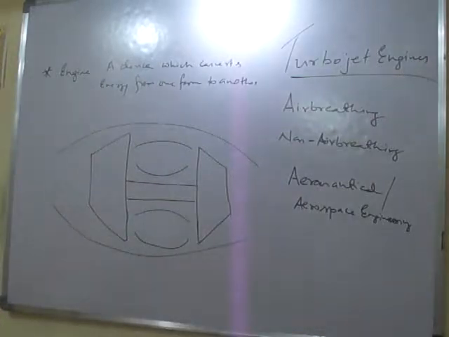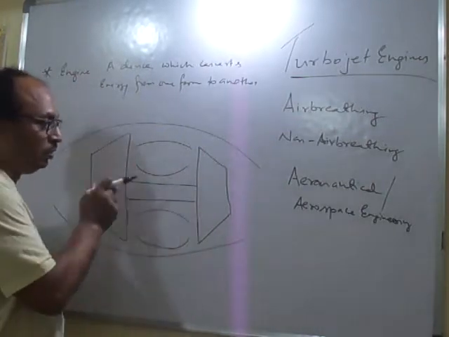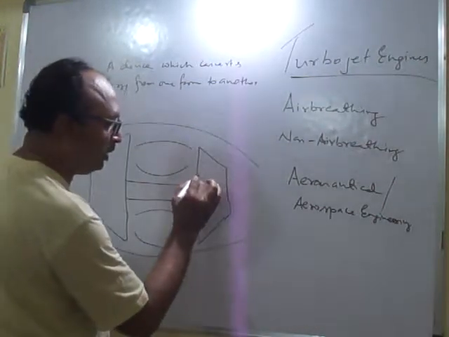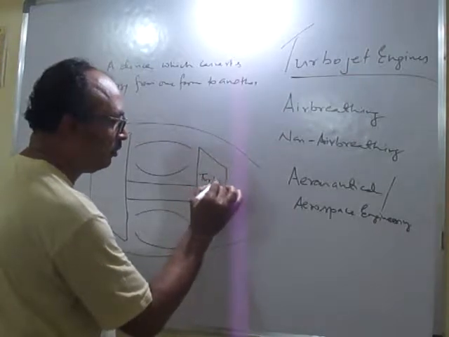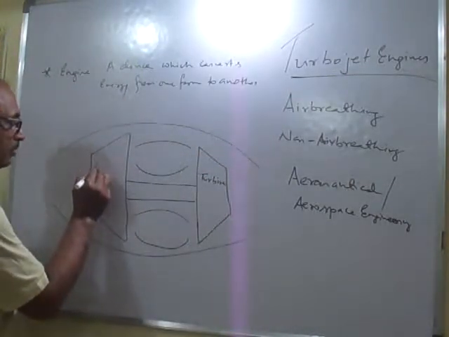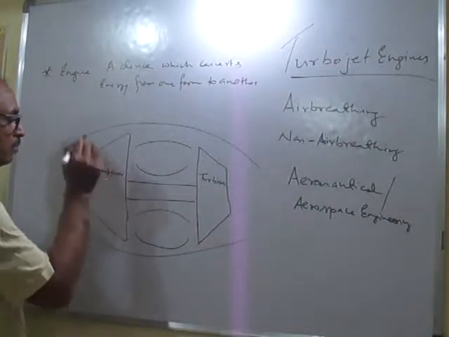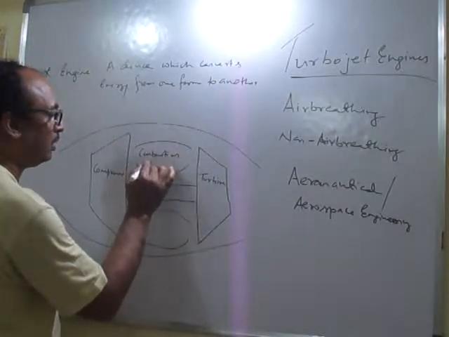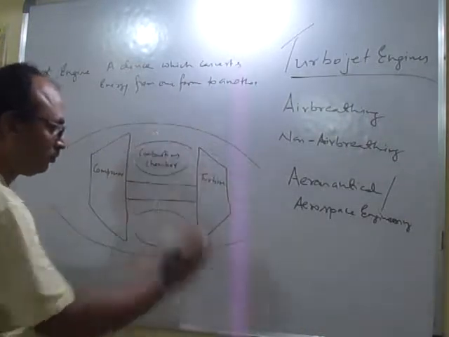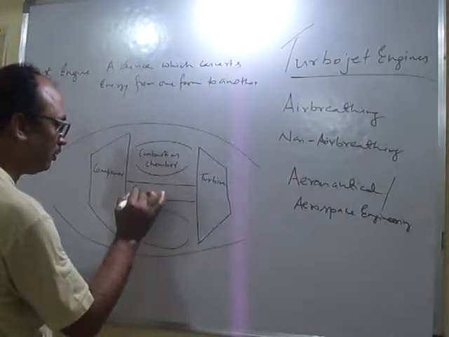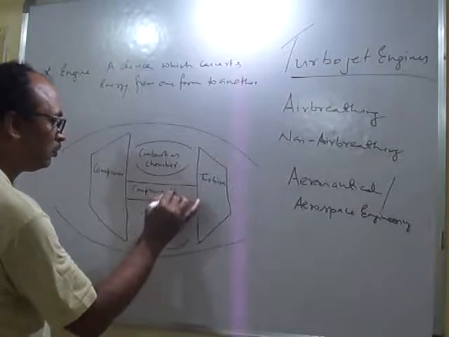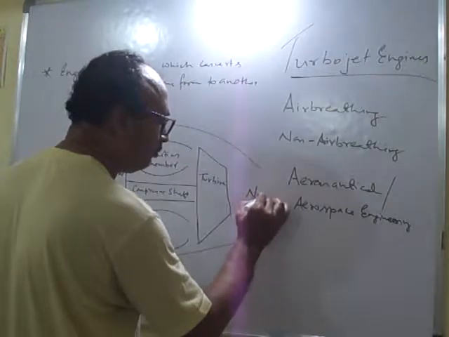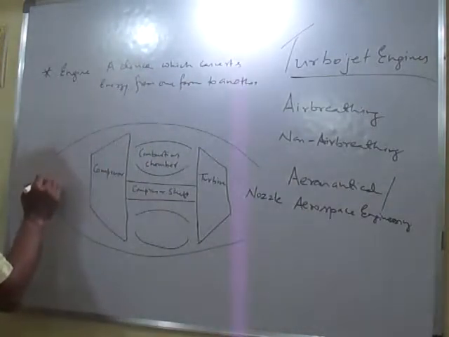Compressor shaft and turbine shaft both are coupled together, so these act as one assembly. If the turbine rotates, the compressor also will rotate. So this is the turbine, and this is the compressor, and these are the combustion chambers. This is called the compressor shaft. Further, this portion is called the nozzle. This portion is called the air intake.